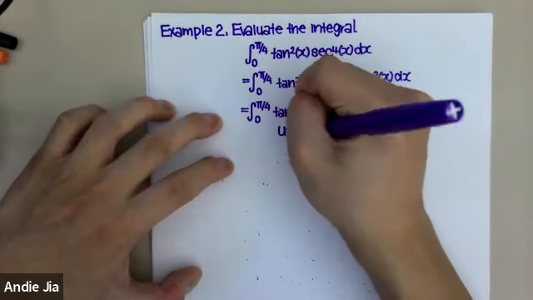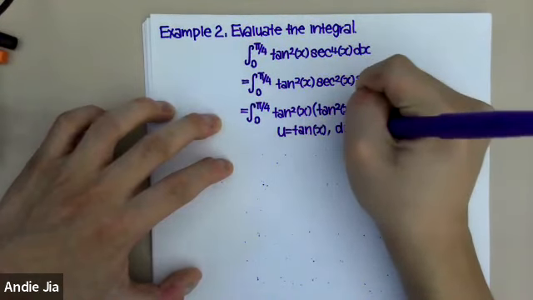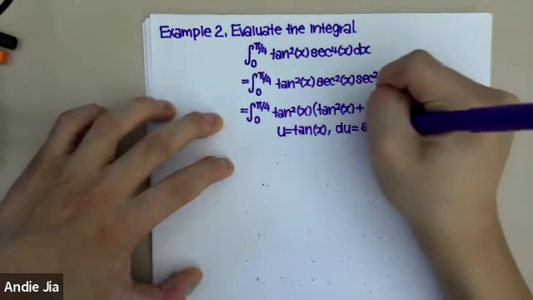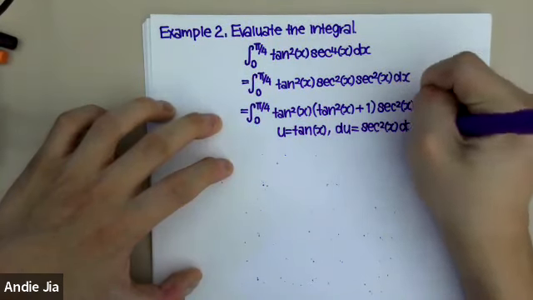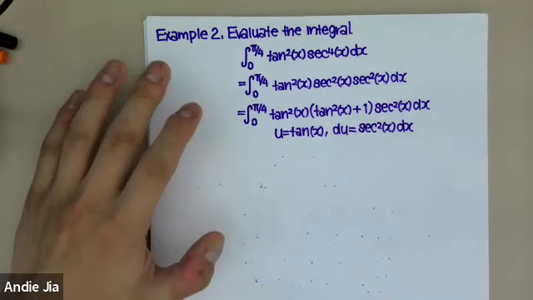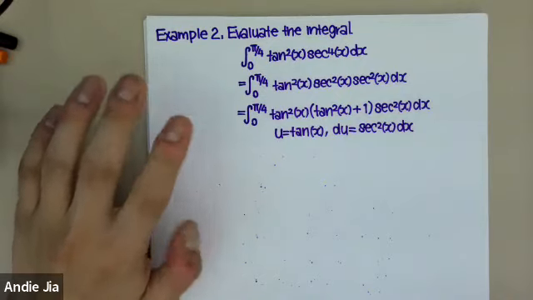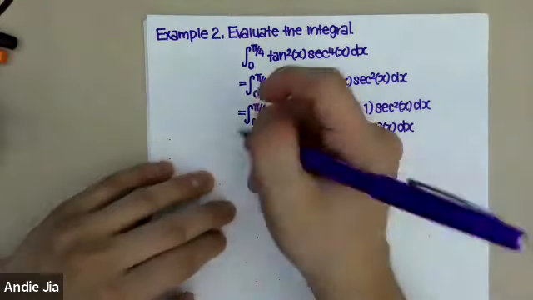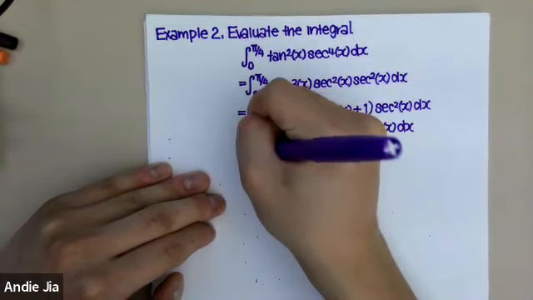Now I'll make the u substitution. u equals tangent of x, du equals secant squared of x dx. Please note this is a definite integral, so change the bounds. Tangent of pi over 4 is 1, tangent of 0 is 0, so that gives the lower and upper bound.